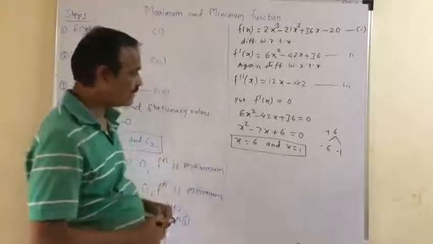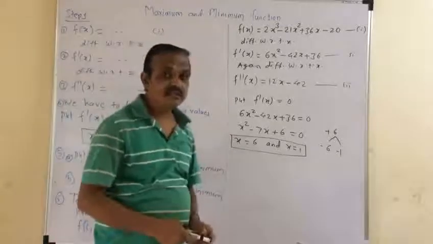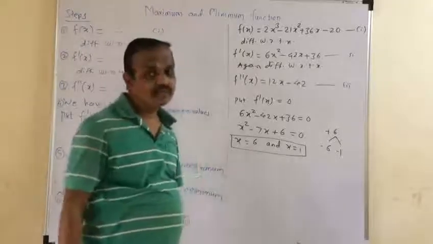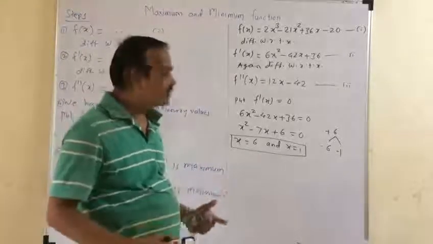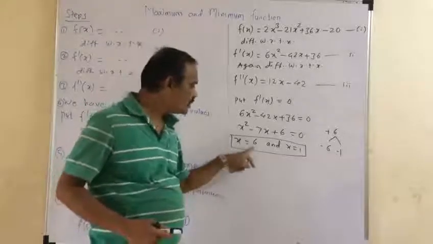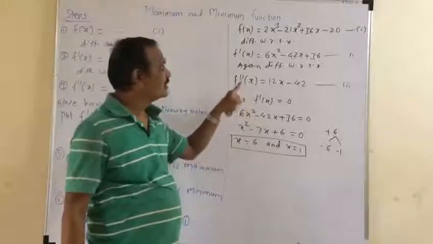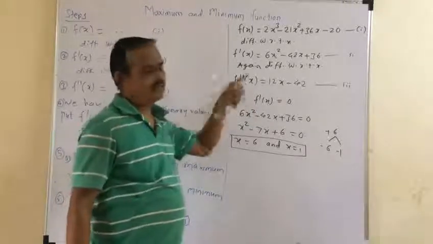Now we have to check at which values the function is maximum or at which values the function is minimum. So we put both these values in equation 3.